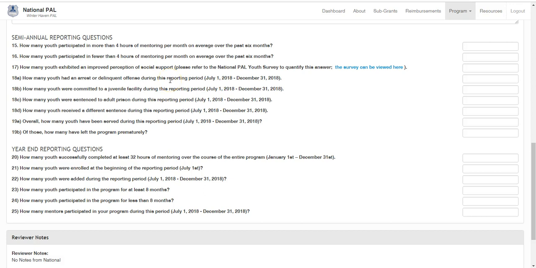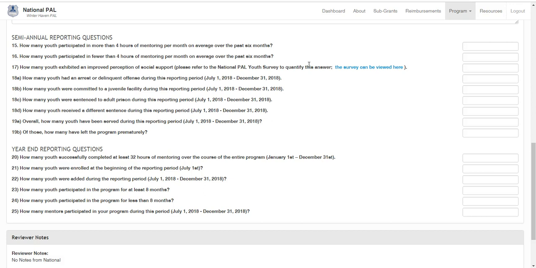Number 17 here is how many youth exhibited an improved perception of social support. And right here you can see it. Please refer to the National PAL Youth Survey to quantify this answer. So this is a survey that you should have received via email from National PAL back on December 11th, 2018.